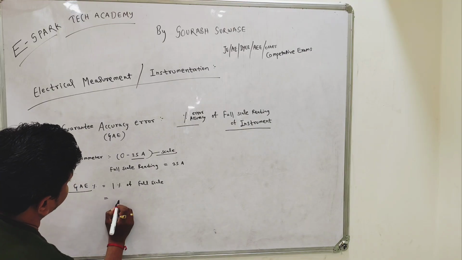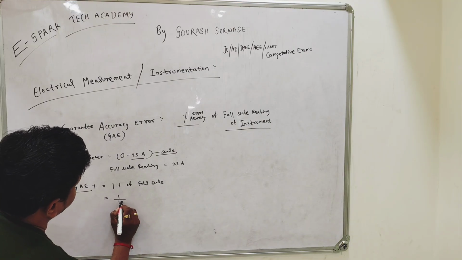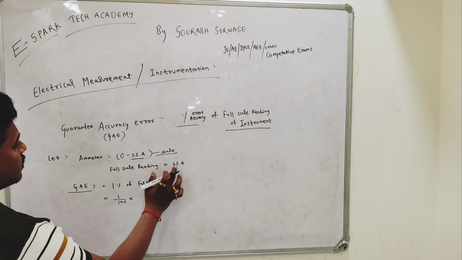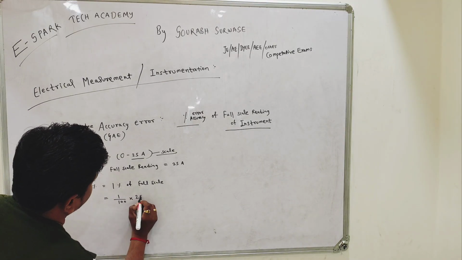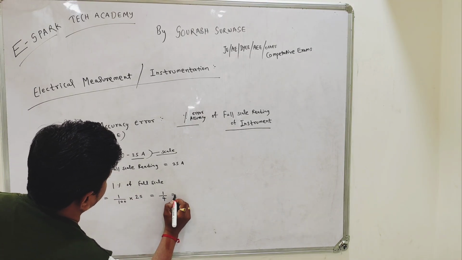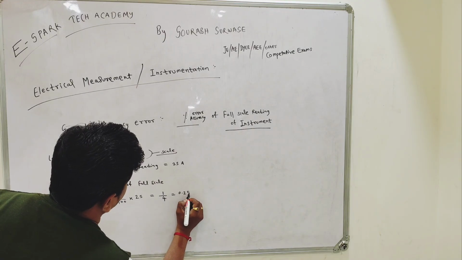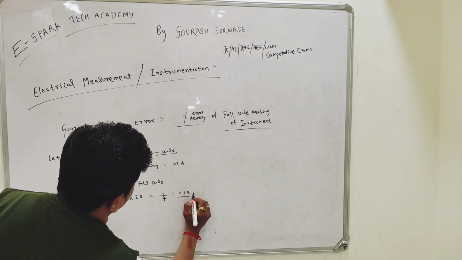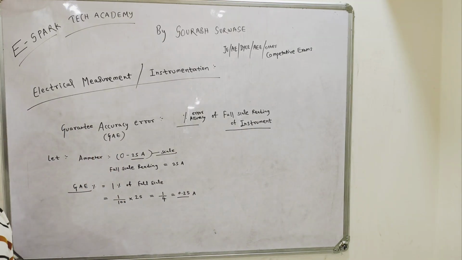Now how will you calculate it? It is nothing but 1 divided by 100 into 25. You will get 1 by 4, you can say 0.25 amps. This is nothing but the guaranteed accuracy error we have just found out.